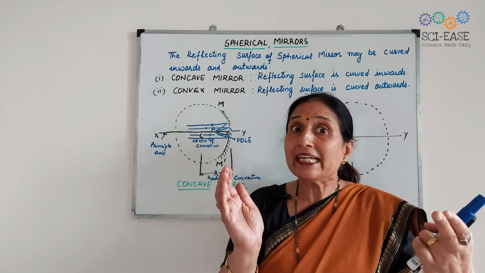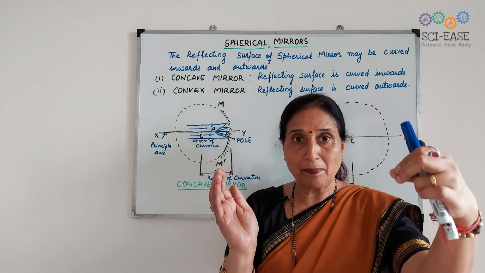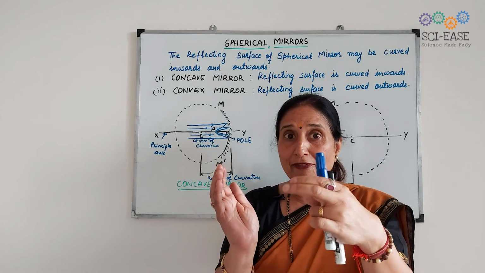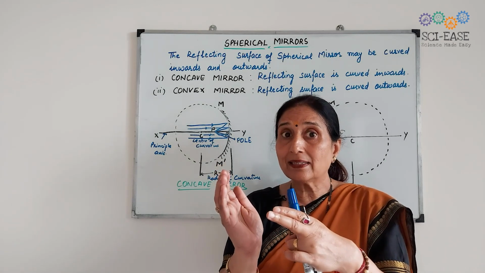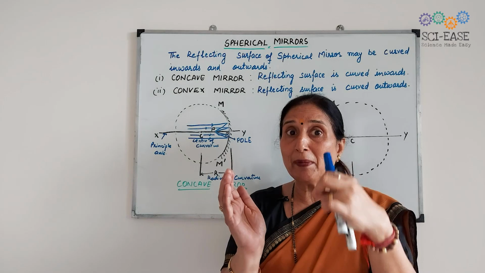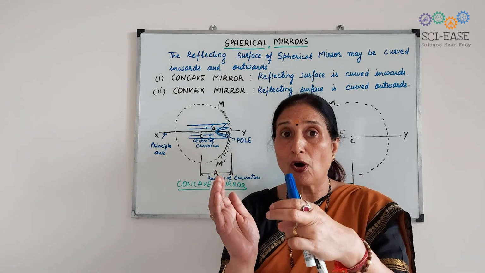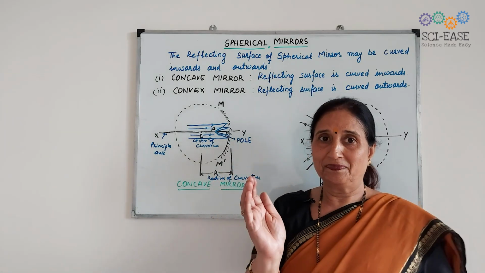So how will we find that point? We will take one paper and place it at such a place that the bright and sharp image of the sun is formed on that paper.